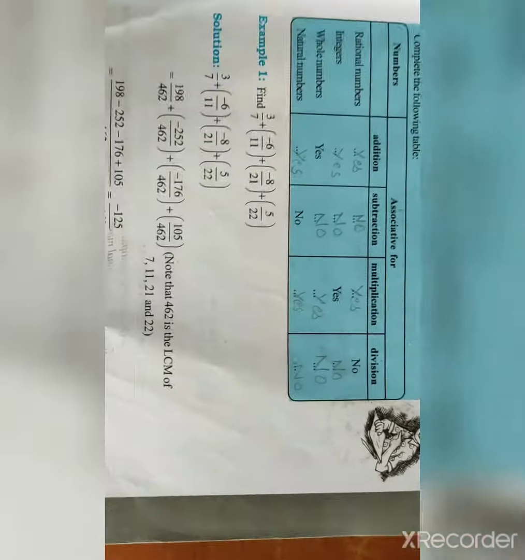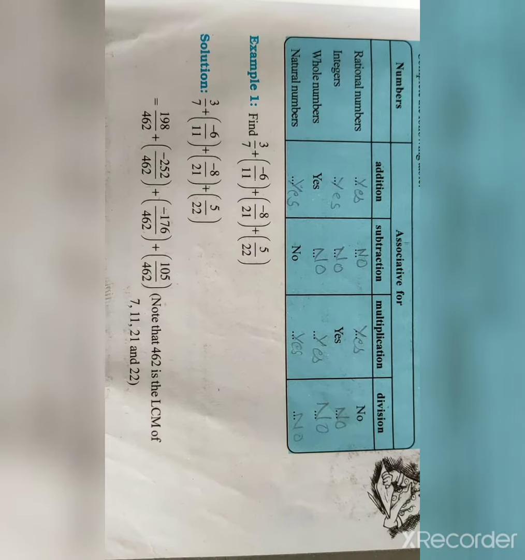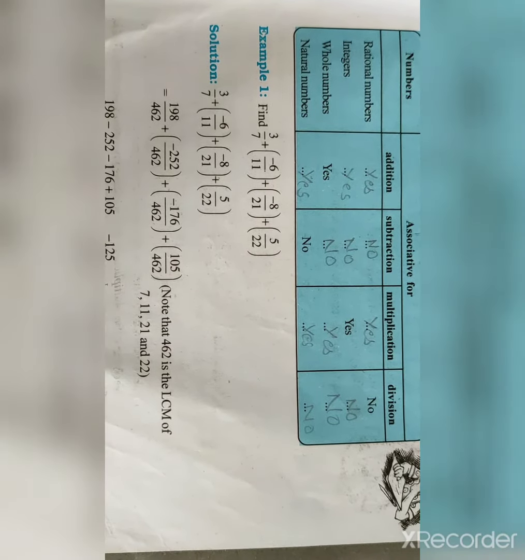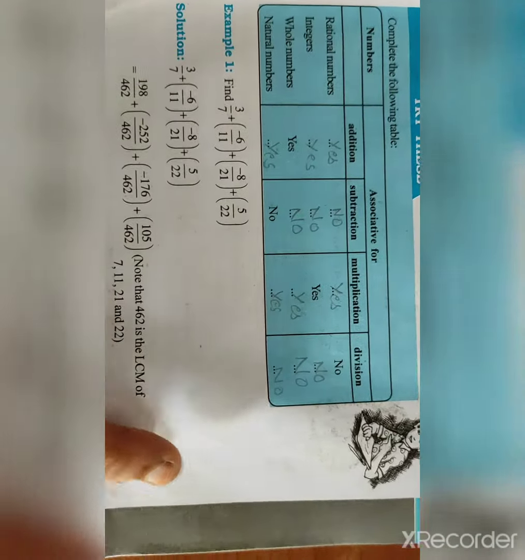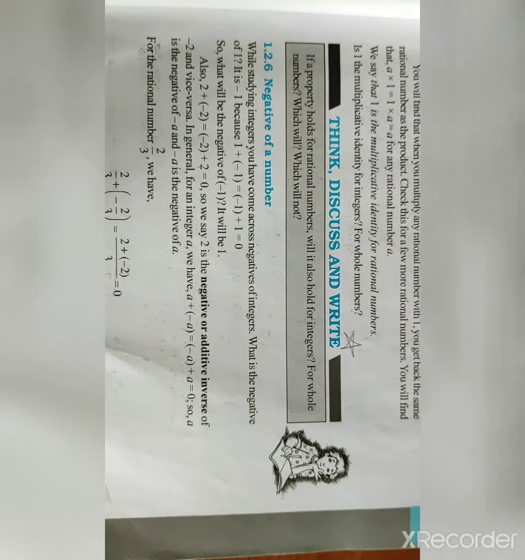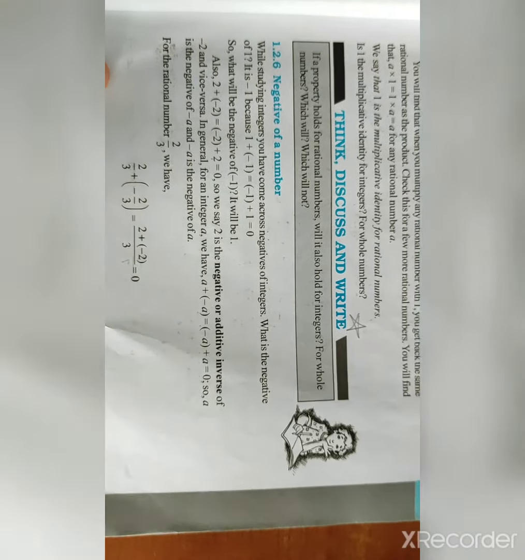After that, associativity. For rational numbers, yes, no, yes, no, and for integers, yes, no, yes, no, same to same. So for integers we can say that if a property holds for rational numbers, it will also hold for integers.